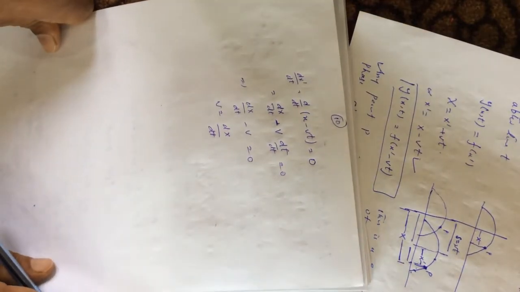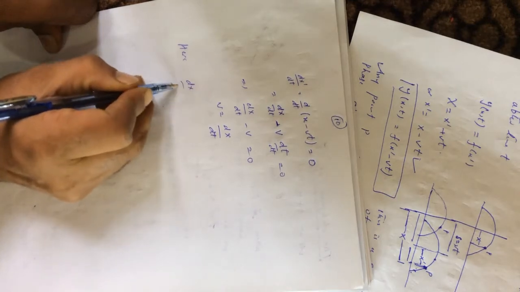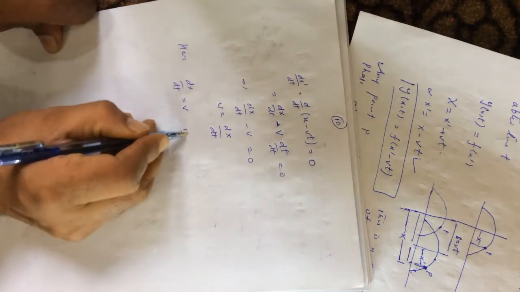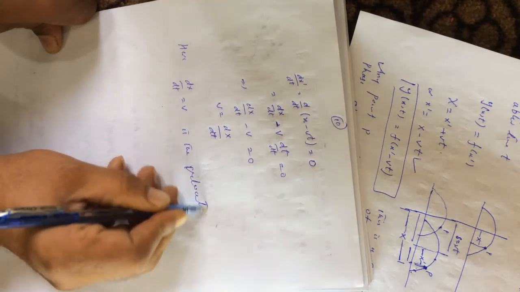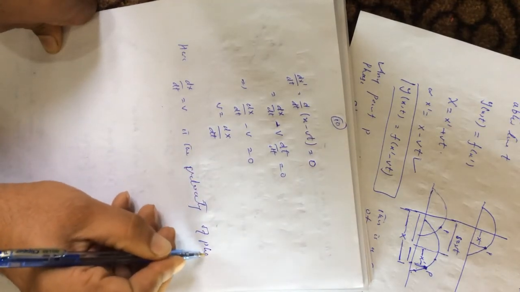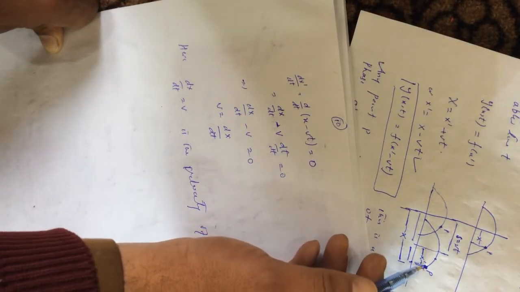Now here, dx over dt is equal to v, the velocity of the phase. It's the velocity of this point P, and we call this point P the phase of the wave.